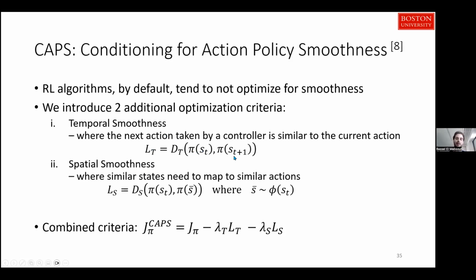Essentially, we constrained the Lipschitz constant for subsequent actions, with some distance metric with respect to the action space we had defined earlier, saying essentially that we're not allowed to change the actions over time very much. At the same time, we had the spatial smoothness, which meant that similar inputs to the controller would produce similar outputs. So we're constraining the output of the neural network over the observation space and the action space.